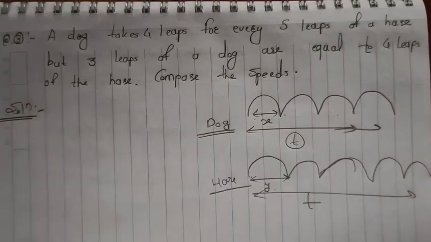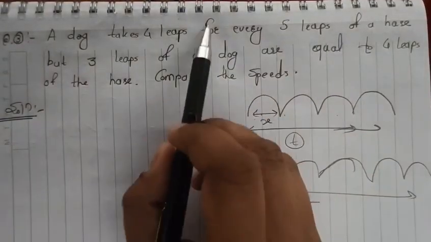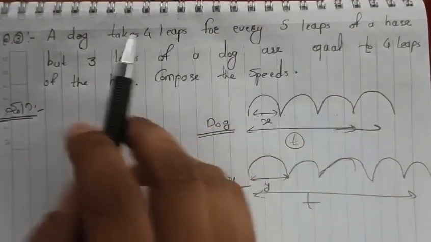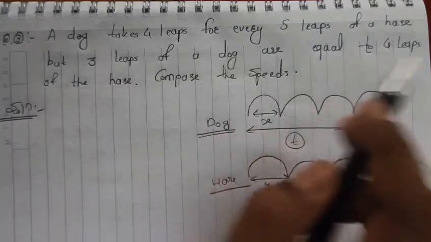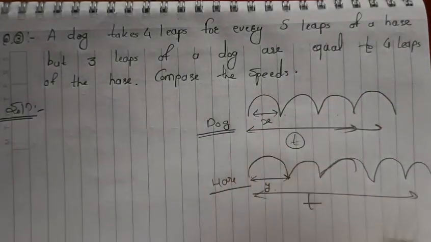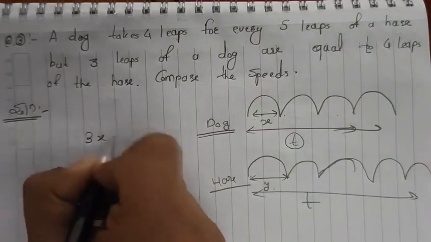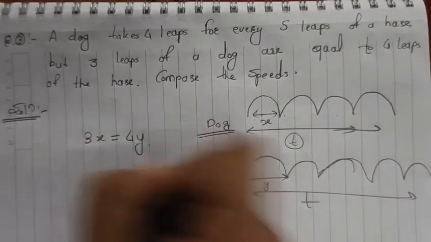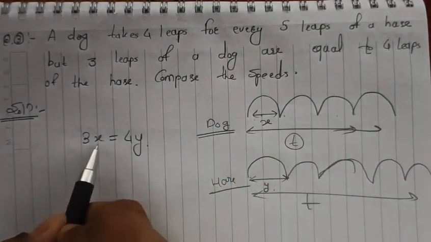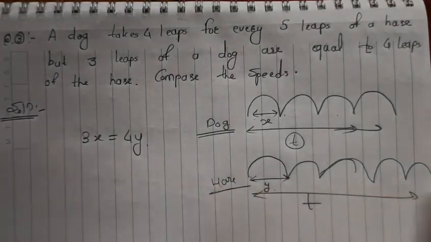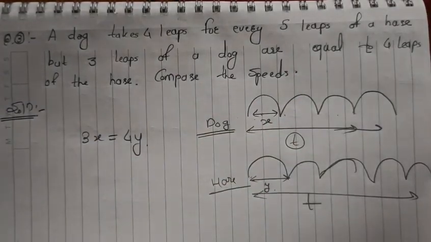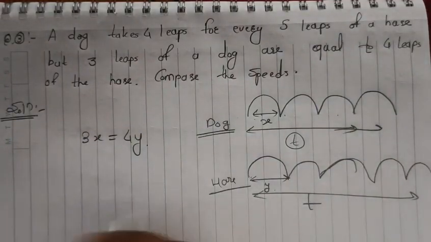Just consider. Now 3 leaps of dog are equal to 4 leaps of hare. 3 leaps of dog, what exactly does this mean? Like 3x is equal to 4y. Why? Because x is the distance that is covered when dog is taking one leap.